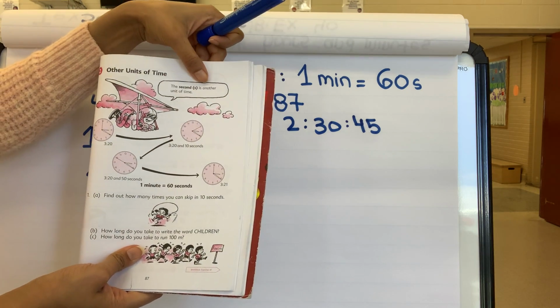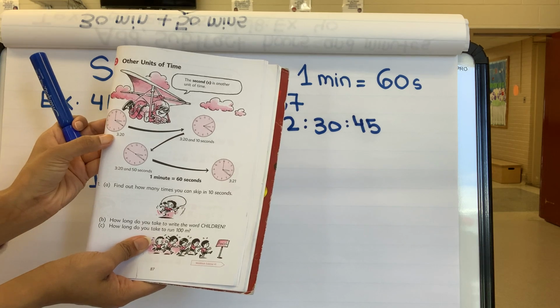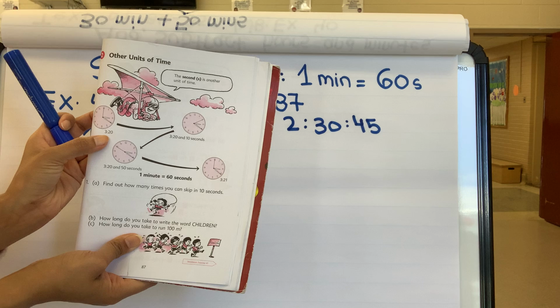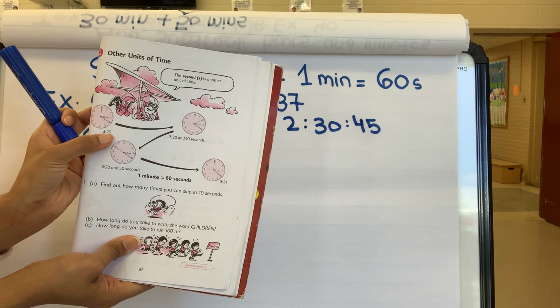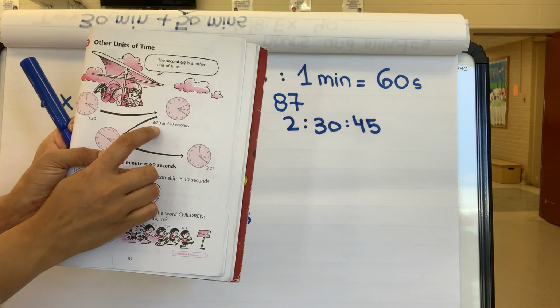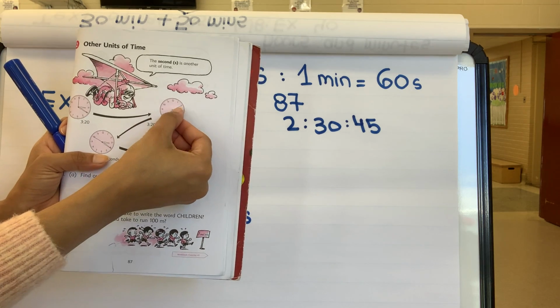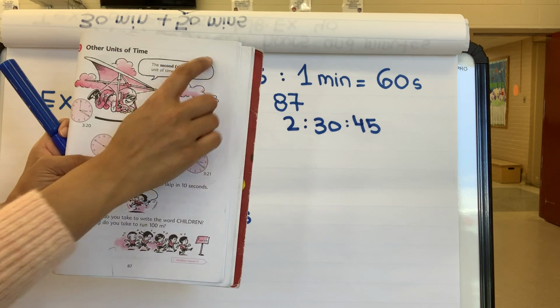The second is another unit of time, right? And this is showing us right now on this clock, I only see my hour, which is 3 hours and 20 minutes. However, this clock is showing me the tiny hand or the skinny hand on the clock. That is my second hand, okay, my seconds hand.